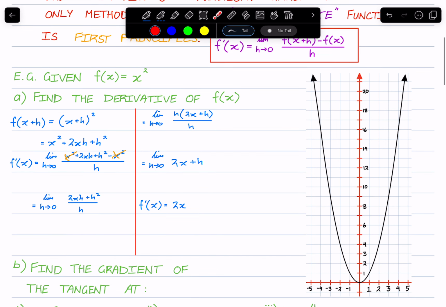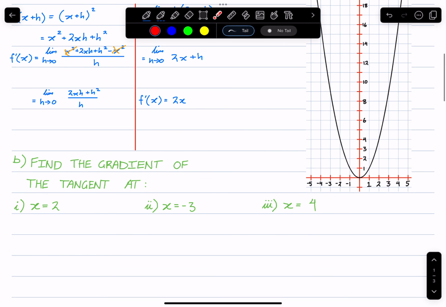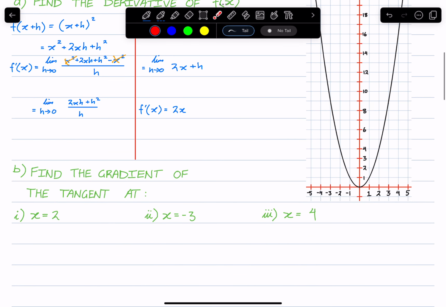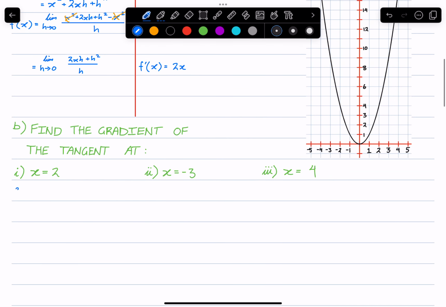So now let's see what this derivative actually does. Let's find the gradient of the tangent at x equals 2. This can be notated as f prime of 2.